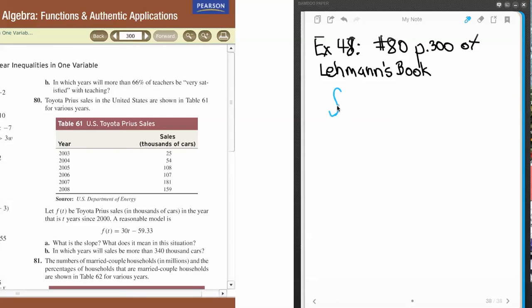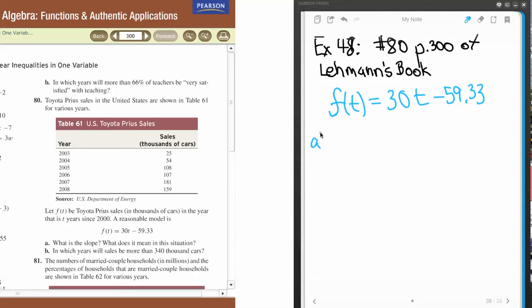So F of t, the thousands of cars sold according to the year since 2000, is going to look like F of t being 30t and then minus 59.33. There's our linear equation that's going to describe this model.